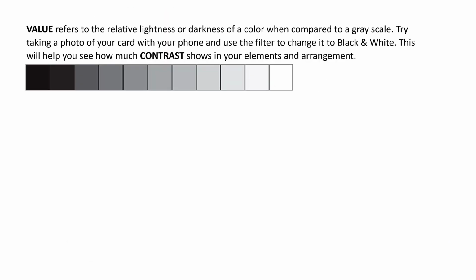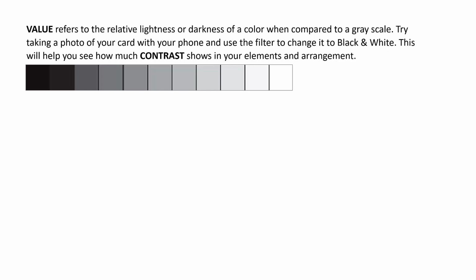So here's something else to think about. Value. Now, value is really important, and if you've done any quilting, you've thought about value before. You can't make your entire quilt or an entire picture be equally all dark, and you can't make something equally all light, because if you do, there's no contrast and it becomes far less interesting to look at.